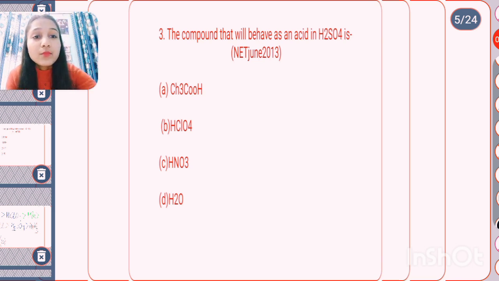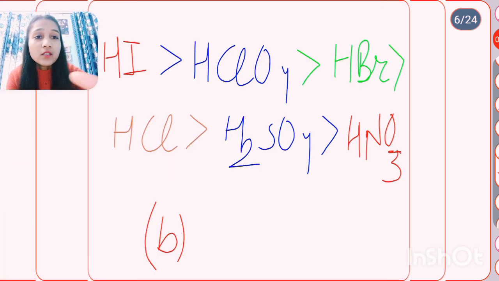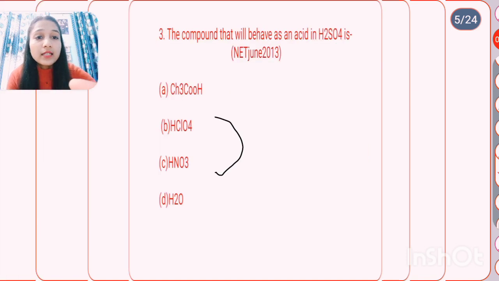So we just have to check B and C. Here HClO4 and this is H2SO4 and this is HNO3. As we can easily detect from the series, HClO4 has higher acidic character as compared to H2SO4. So it will behave as an acid in H2SO4. So our correct answer is HClO4.